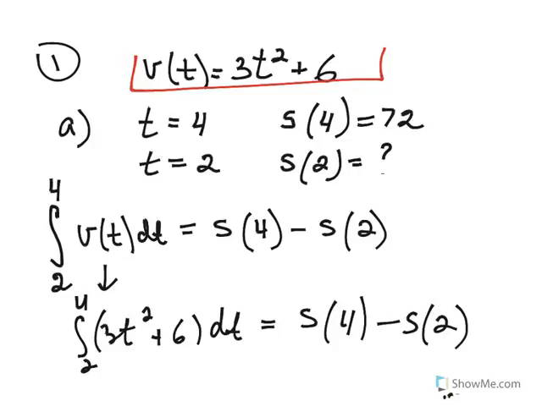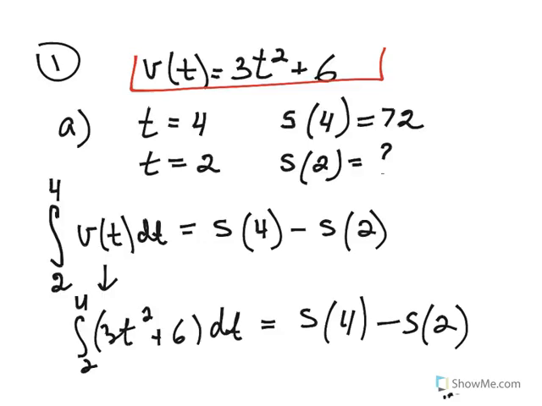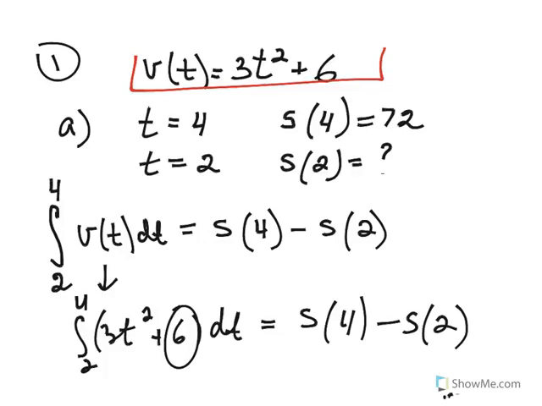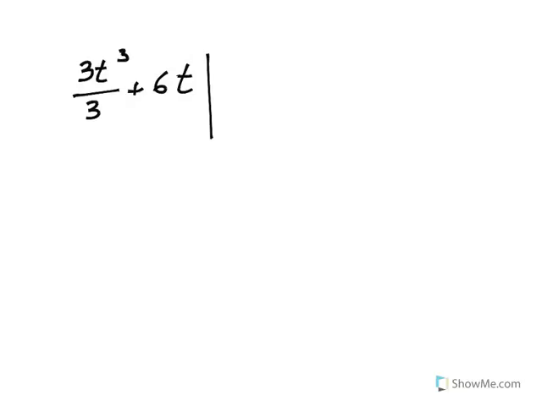The integral of 3t squared is 3t cubed over 3. The integral of 6 is 6t. What are the boundaries again? 2 and 4. So we're going to plug in and see what happens.